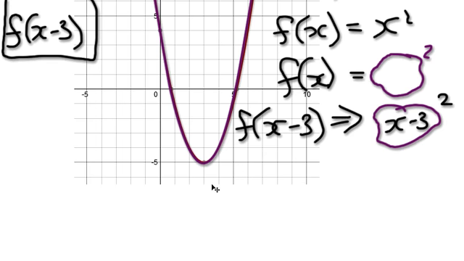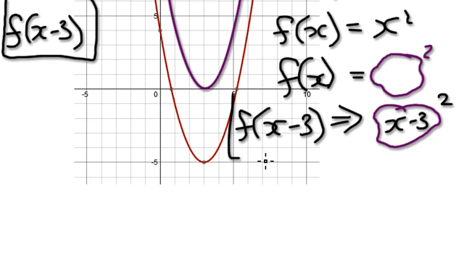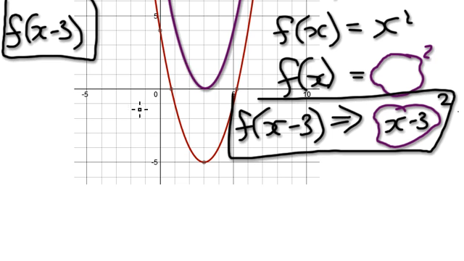So we started off with y equals x squared, and by us doing f of x minus 3, we are shifting it across by 3. So in this position here, this whole thing represents this situation, but now we've got to move it down by 5.